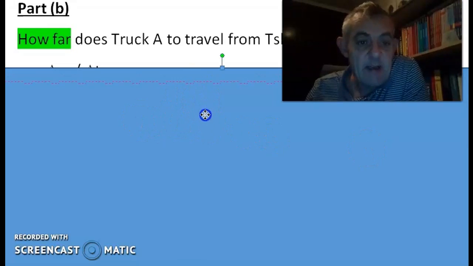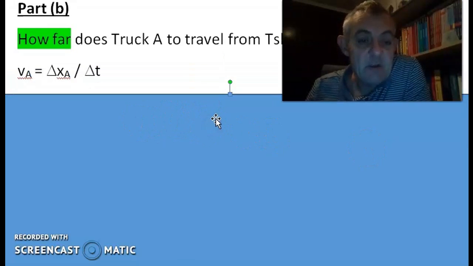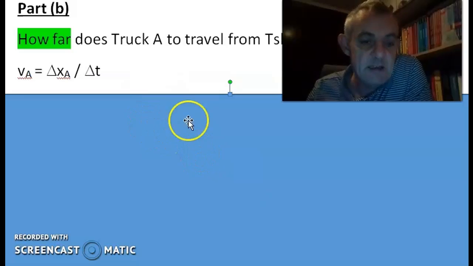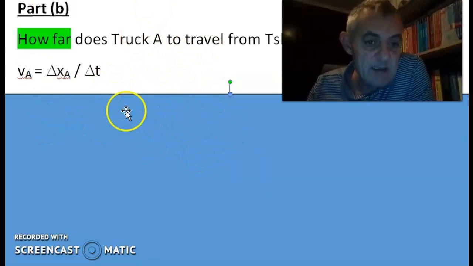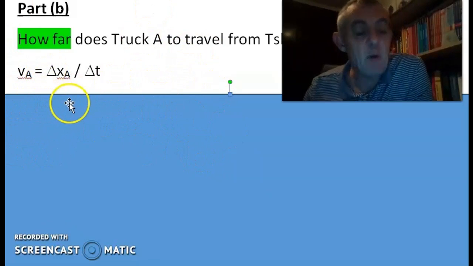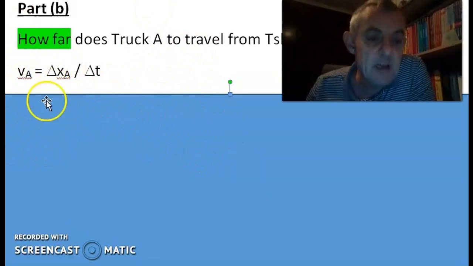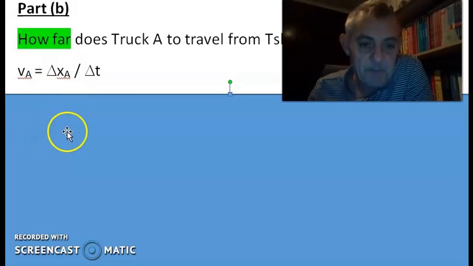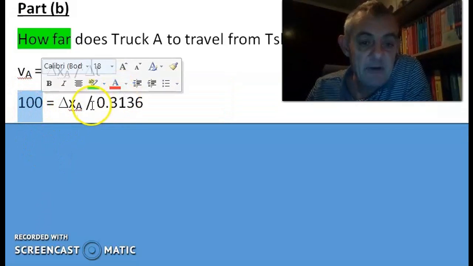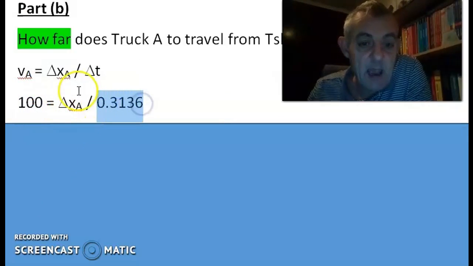Using the general speed or velocity equation, V is equal to delta X over delta T, X being the distance. Please note that here I'm using the subscript A so that when I come back to this problem, I know that I'm dealing with truck A. So truck A travels at a speed of 100 kilometers per hour, and the time which we calculated in part A is 0.3136 hours.